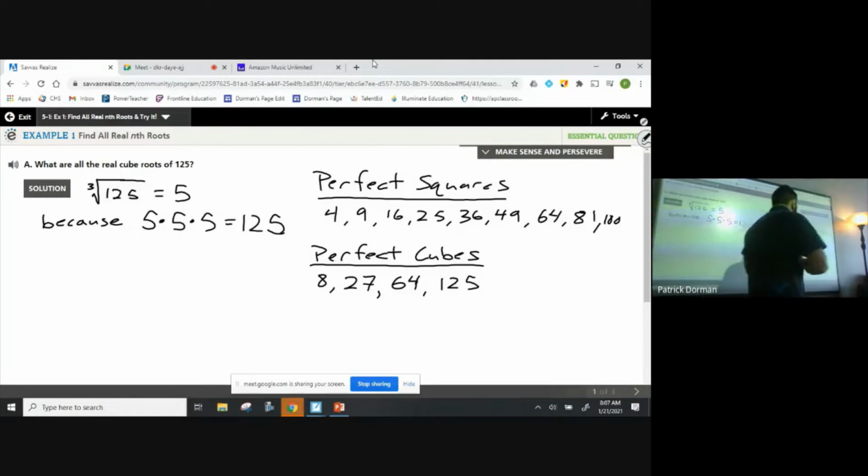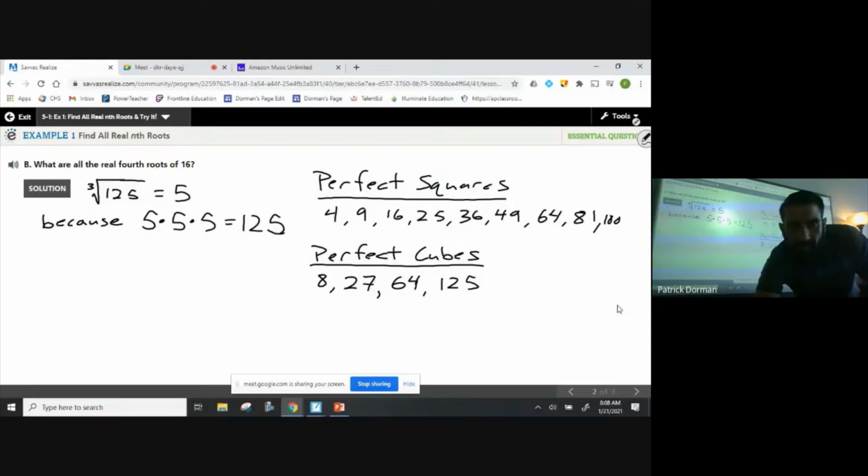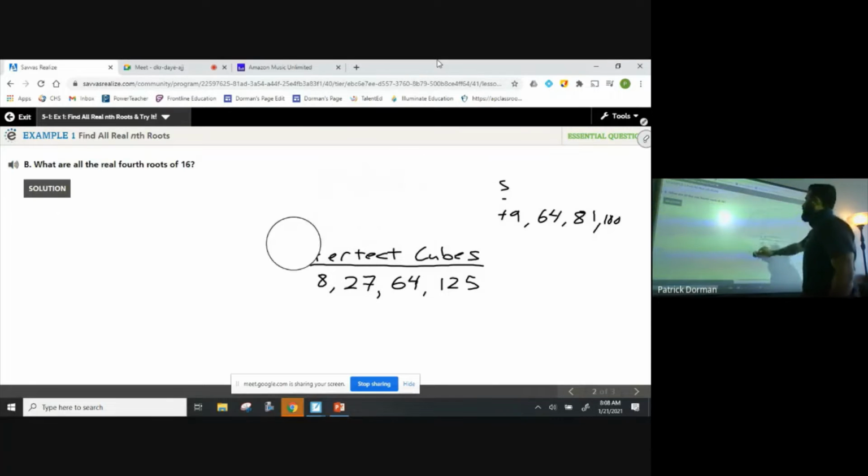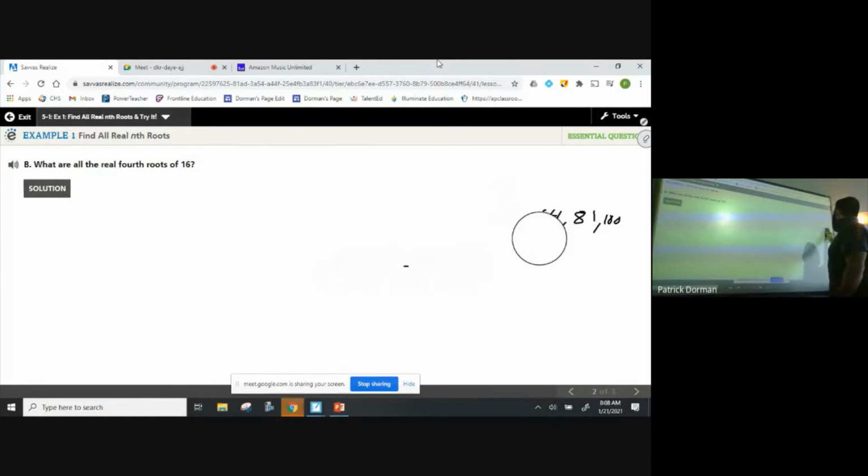Okay, let's do another one. What are all the real fourth roots of 16?